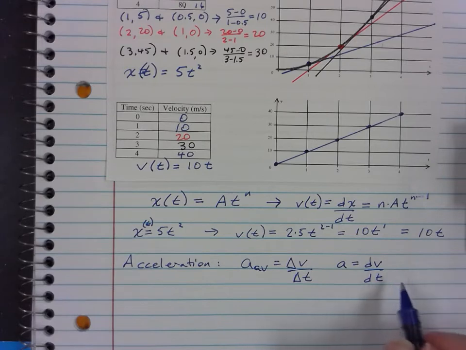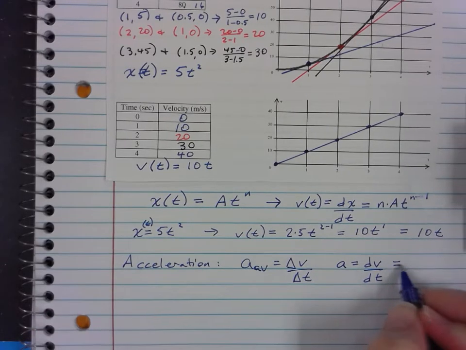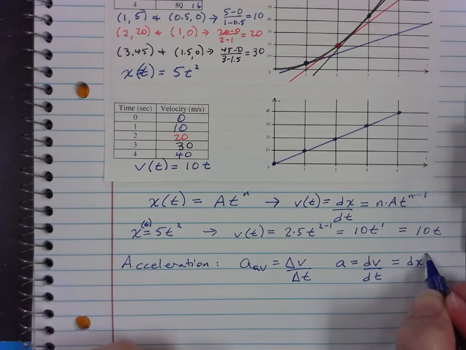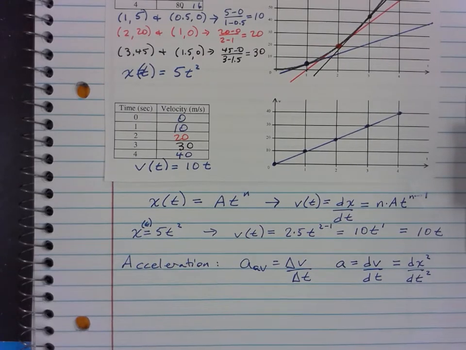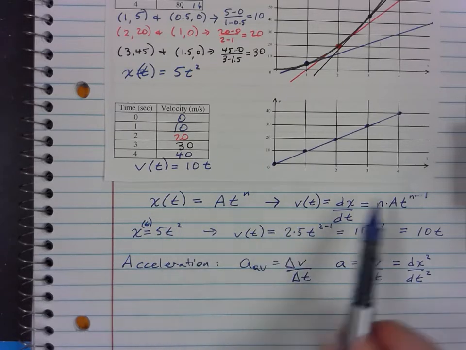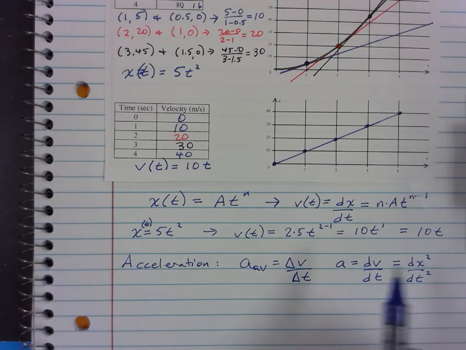But velocity is the derivative of the position, so acceleration is also the second derivative of position. Acceleration is the second derivative of position. So second derivative means just do the derivative twice. So if I give you position and I ask you for velocity, you do the derivative formula once. If I give you position and ask you for acceleration, you do the derivative once to get velocity, you do it a second time to get acceleration.